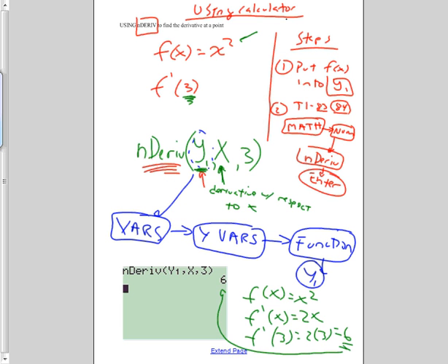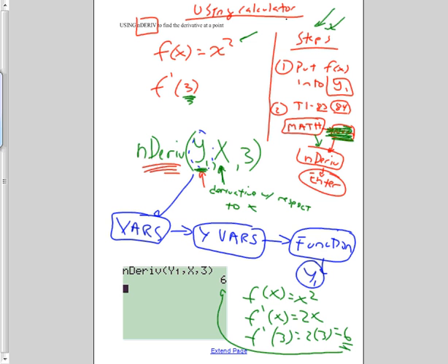This just reconfirms what we did the other day. So nderiv is really helpful. You need to know how to do it by hand, but here's a way the calculator can do it instantaneously for you. Let me go back into the notes, into the steps. Once we press that math button, we don't go to num. We just go straight down to nderiv.